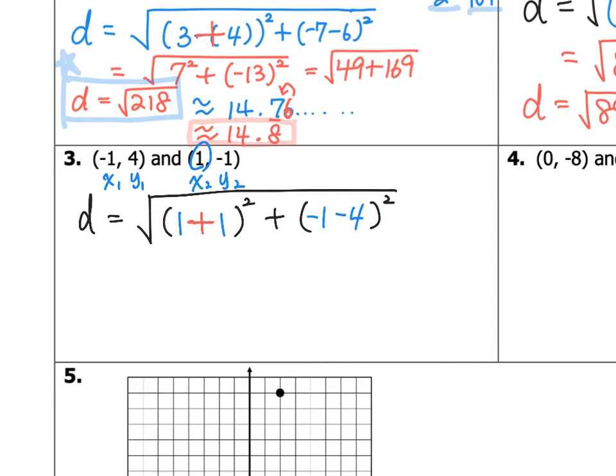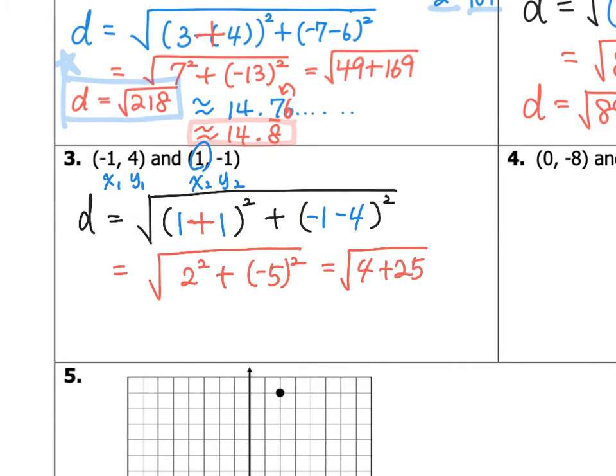So put it into the calculation. That equals the square root of 2 squared plus -5 squared. 2 squared is 4. -5 times -5 still makes a positive 25. And you combine, d equals the square root of 29. Yes, if you put it into the calculator, estimate to the tenths place, it will be 5.4.